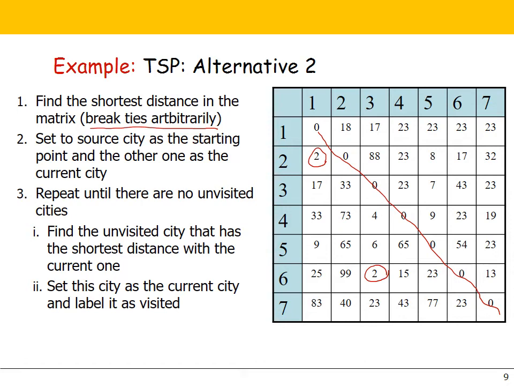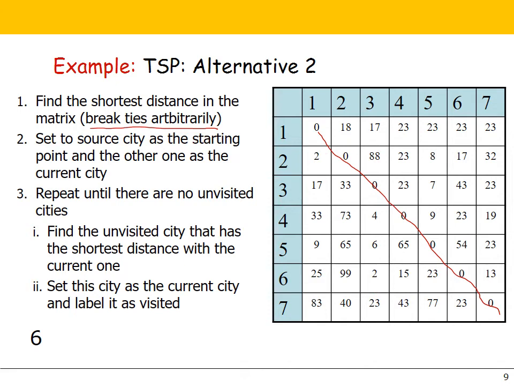Let's select this city 6, so this one. So what do we do when we select it? In step 2, it says to set the source city as the starting point and the other one as the current city. So 6 becomes the source and 3 becomes the current. So what do we do?